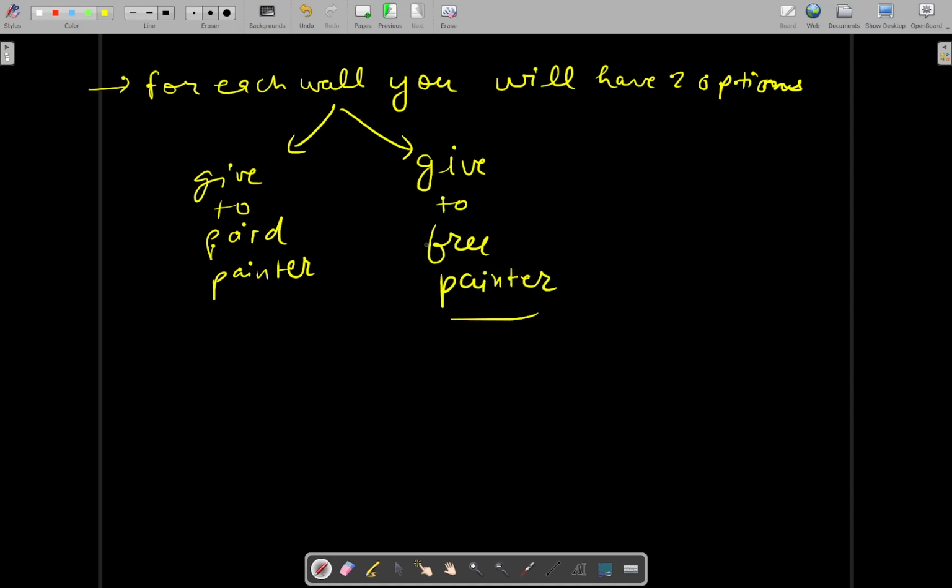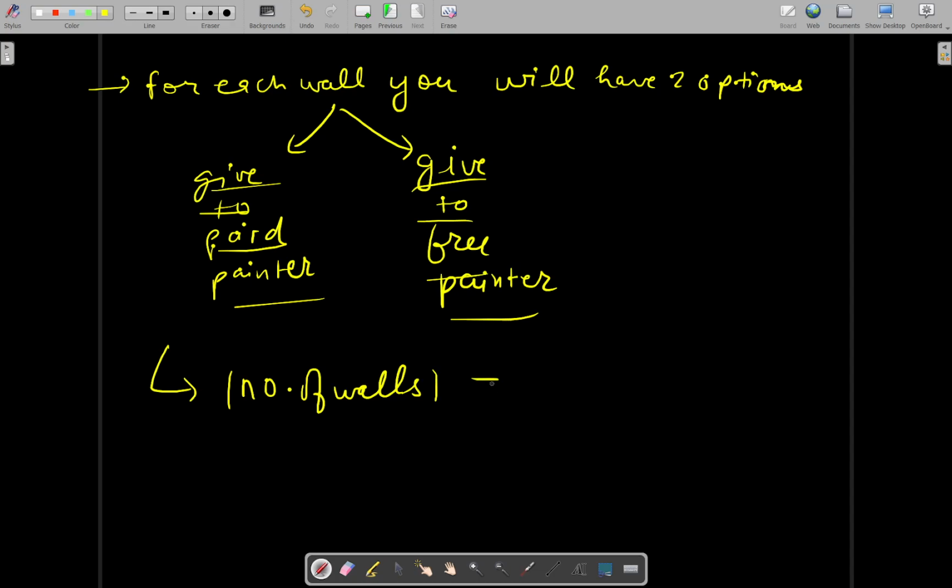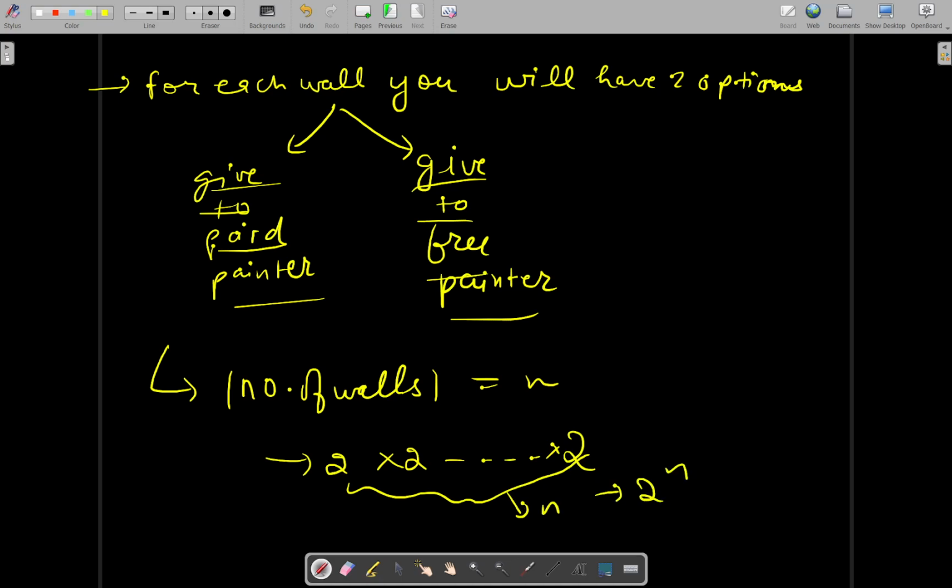These two options will be there for each wall. So let's say the number of walls is n, then in total 2 into 2 into 2, continuing like this, n times. So 2 raised to power n combinations will be there.